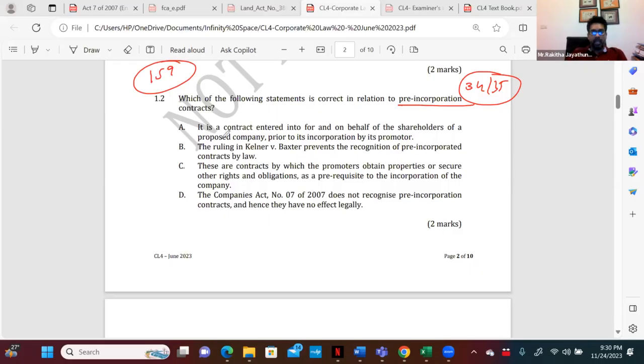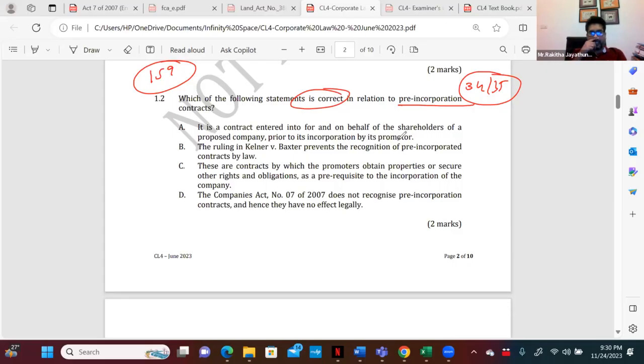Right. Anyway, we have to find out which statement or statements are correct in relation to pre-incorporation contract. It is a contract entered into for and on behalf of the shareholder of a proposed company prior to its incorporation by its promoter.